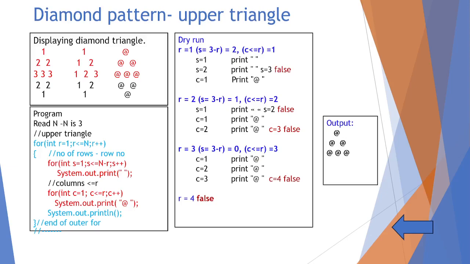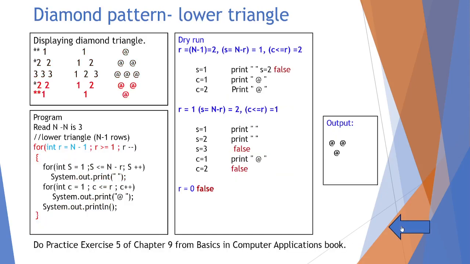So the upper triangle is exactly the same as the equilateral triangle. But for the lower triangle, we will write the code separately, one for the upper and one for the lower triangle. And this is the code for the lower triangle, but we will understand it once we execute the program and then see the dry run.